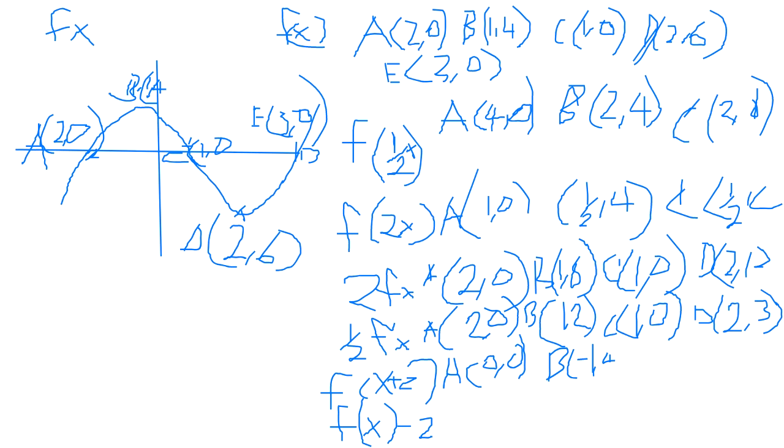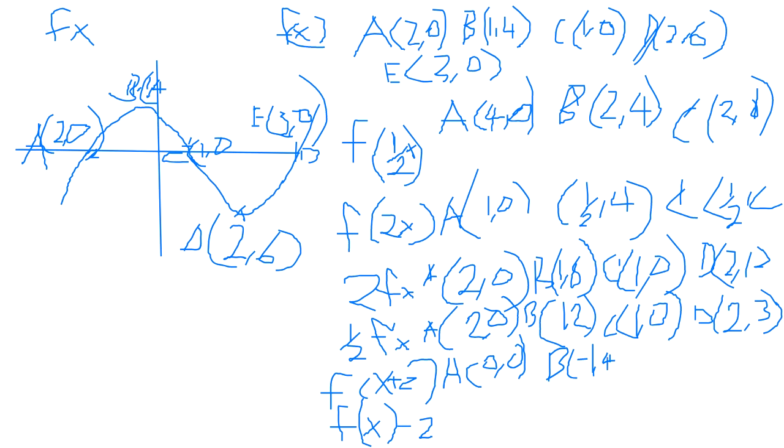Look at my point A. It is 2 and 0 originally. I'm translating from my original graph. Okay, I get that, sir. Can you see it now? Yes, I can.